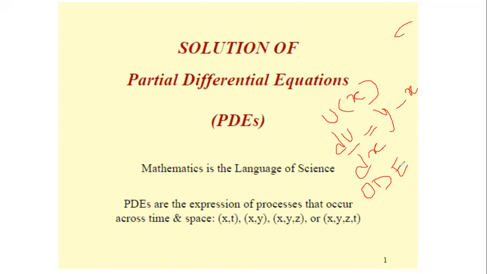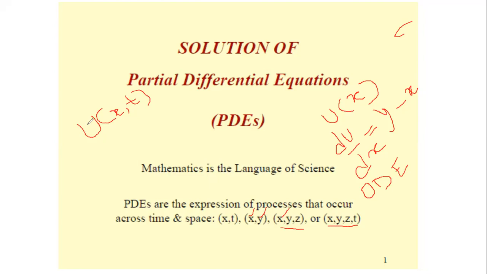Now, in many engineering and physical problems, we often have a certain function which is a function of more than one variable. Let's say u is a function of x, one space coordinate, and another time coordinate, or a function of two space coordinates x and y, or a function of three space coordinates x, y, z, and three space coordinates plus one time coordinate.